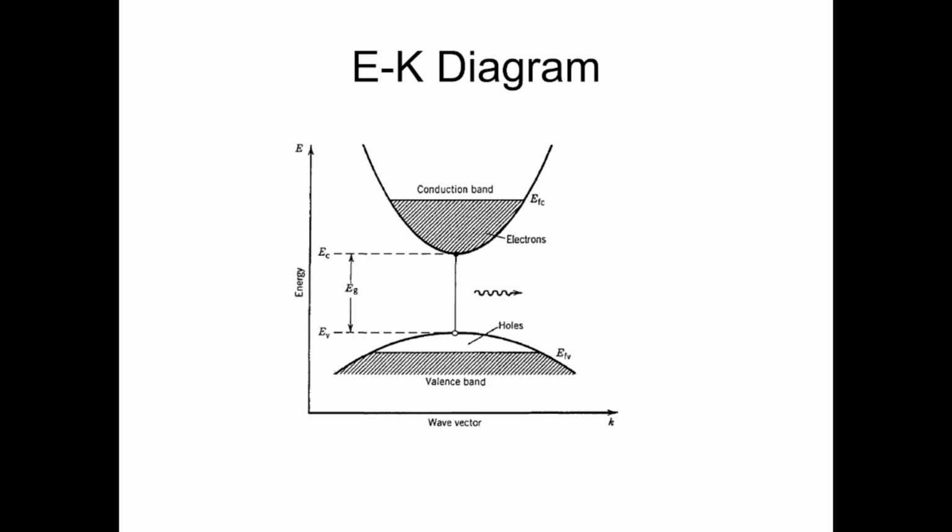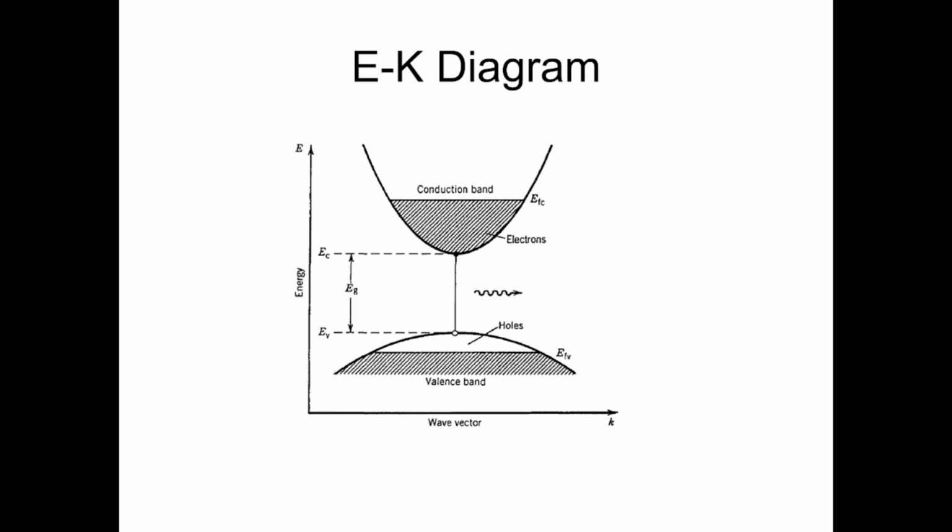Normally the holes will be present in the valence band and electrons will be present in the conduction band. So the minimum energy of the conduction band to the maximum energy of the valence band is basically the energy gap. So the E-K diagram is something different from the normal energy band diagram.